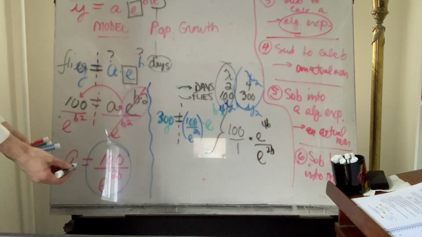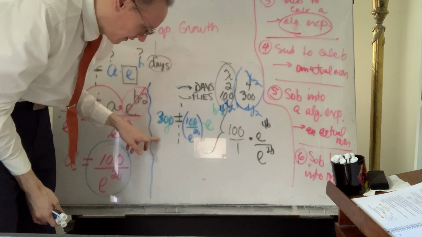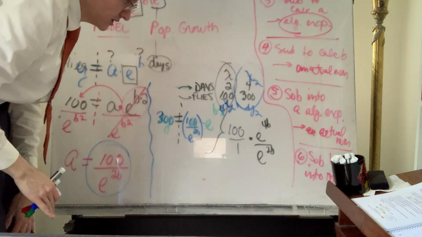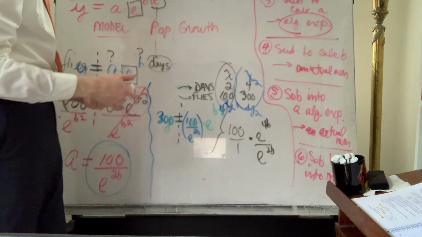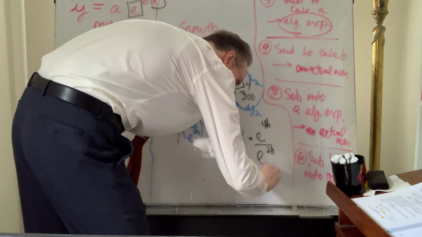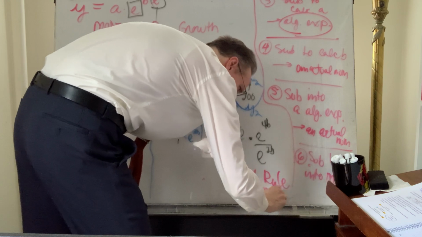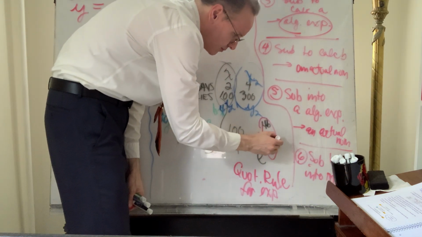And now, if I want, I could start simplifying this and moving that algebraically. These are the same bases. So one thing that I can do is employ the quotient rule for exponents, which means that if they're the same bases, you could abbreviate this by subtracting these.